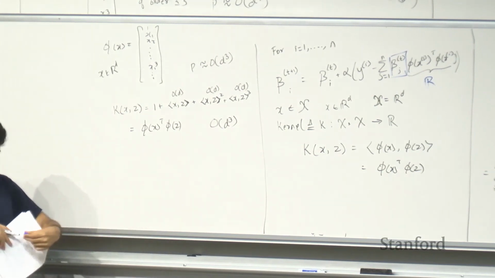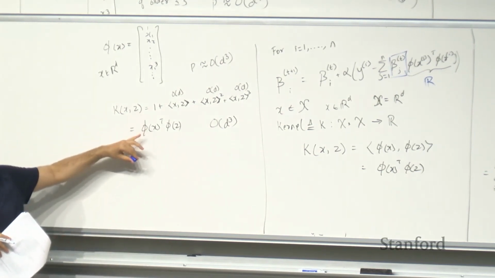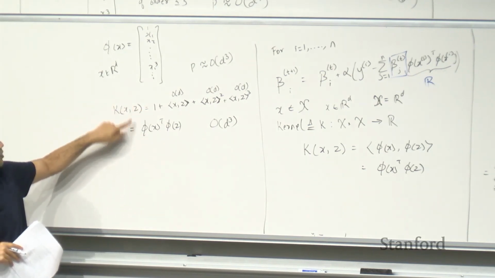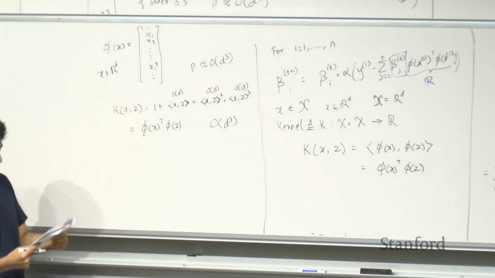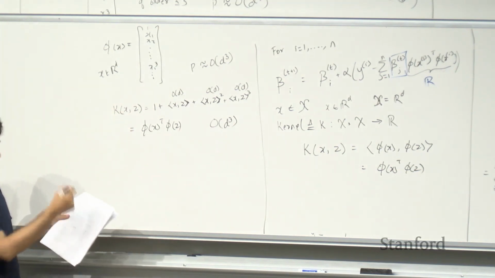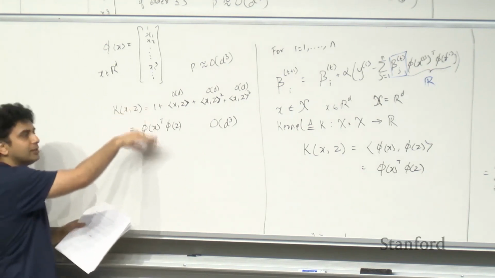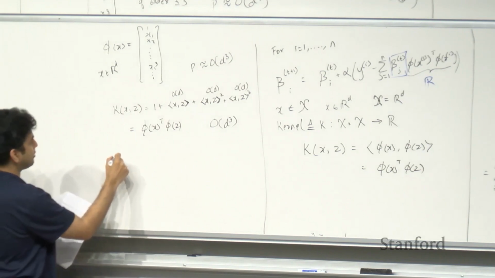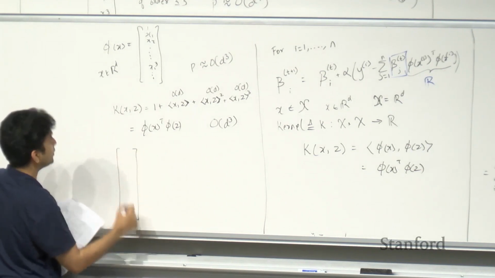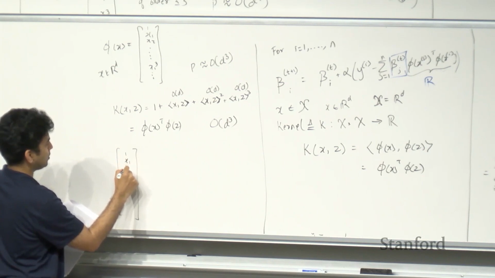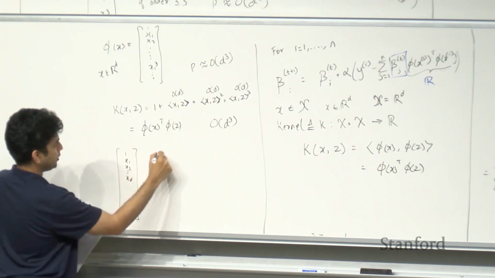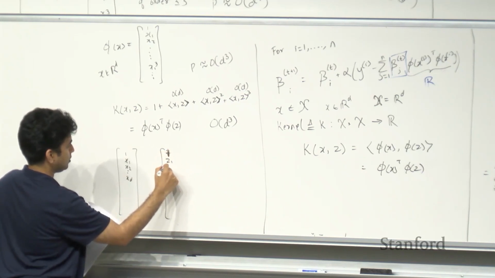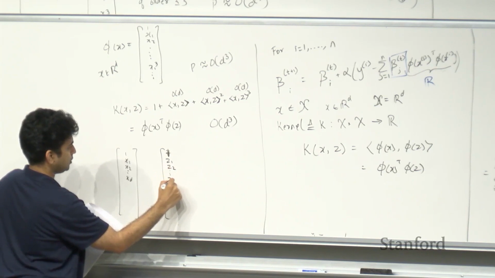Why does this identity hold? There are details of that in the notes. It's algebra. You just work through it and you can see that these two are exactly the same. I could give you some intuition, for example: 1, x1, x2, till xd, and similarly here you have 1, z1, z2, till zd.